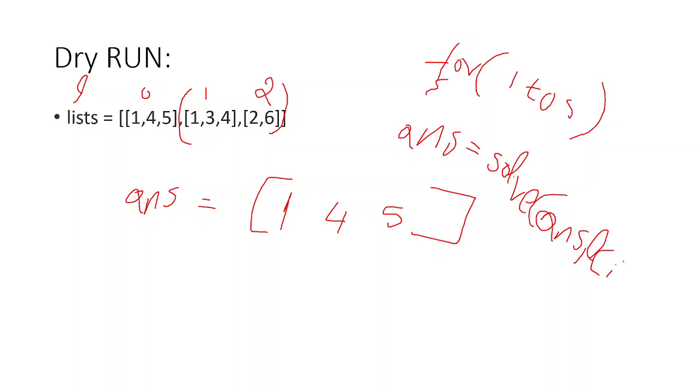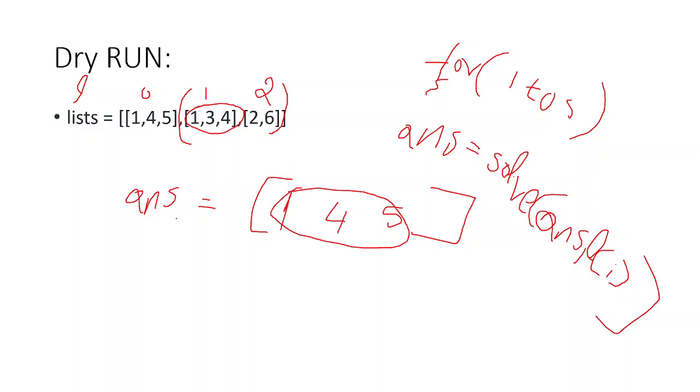If you didn't understand, I'll explain more briefly. First we take answer, and as I said, we include L of 0, the first list, inside this, and we iterate and merge each of the lists. For example, in answer we already have L of 0, and the for loop starts from 1 to its size, right? So first it will be answer and L of 1, that is 1 3 4. We merge these two first.